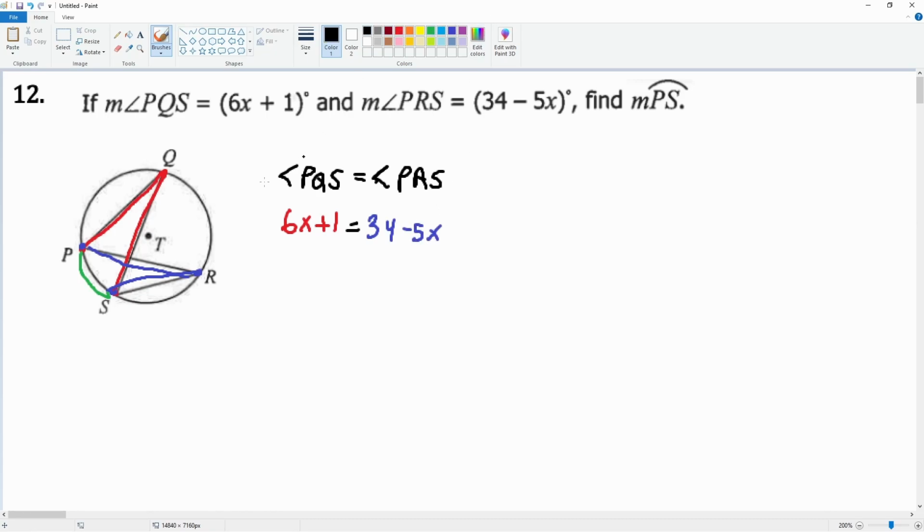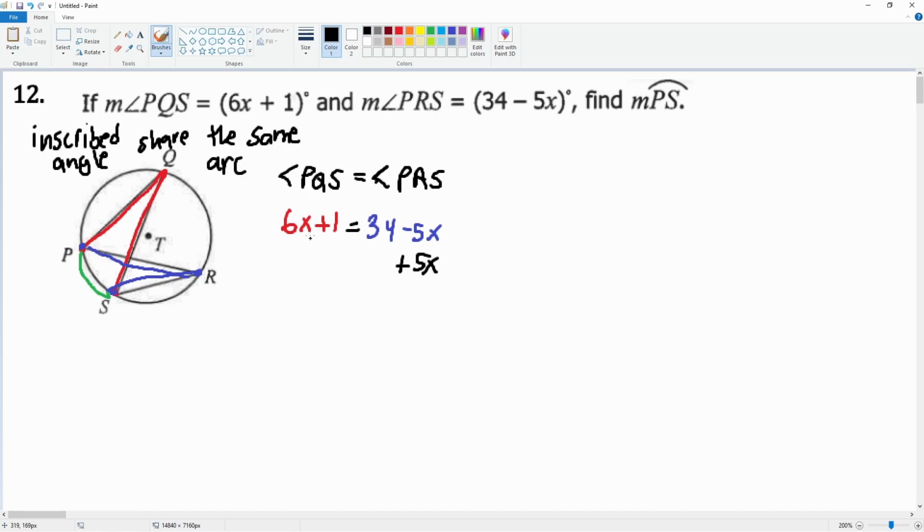Why can we do that? Well, because here the inscribed angles share the same arc. Okay, because their arcs are the same, the inscribed angles have to be the same. All right. Okay, now you can solve.